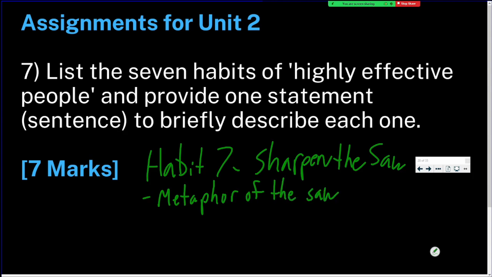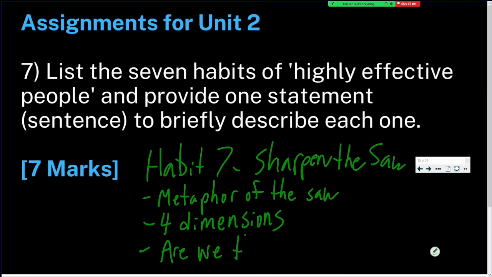I've got the 4 dimensions. Just kind of posing a question to myself: are we the saw? Our skills, are they the saw?